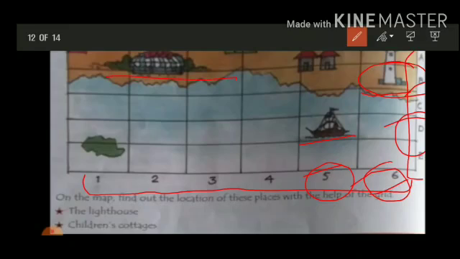Where is the cafeteria situated? At first we come in the vertical way, A, and then the horizontal way, 2, means A2, right children? So this way we can number a grid. I think you all have understood this one.